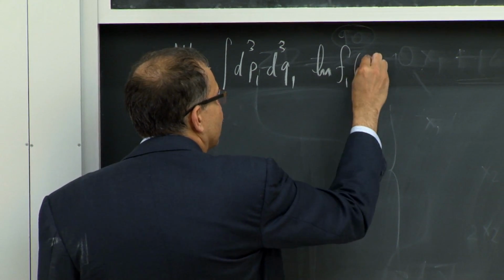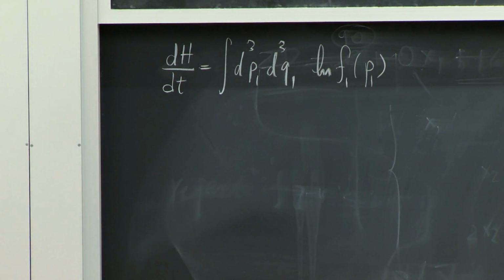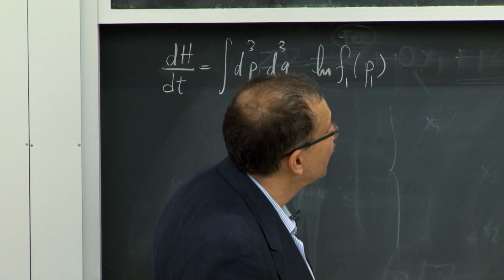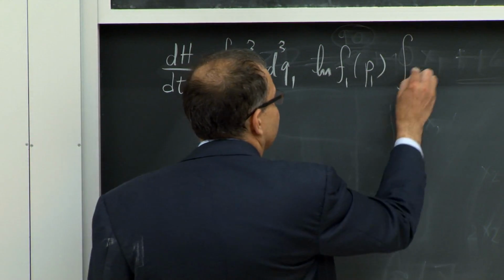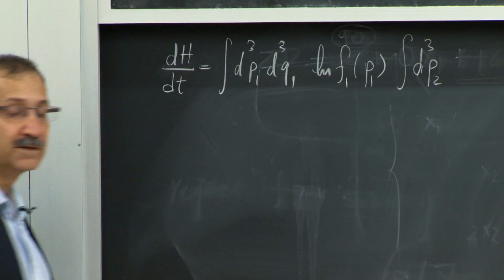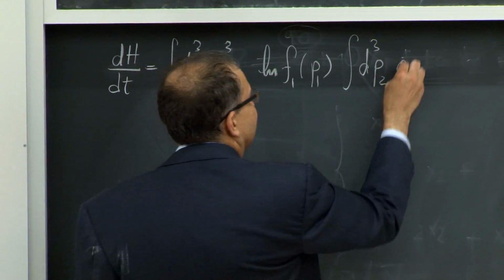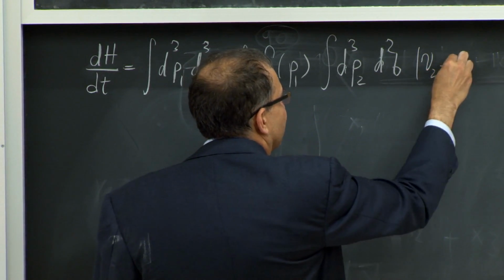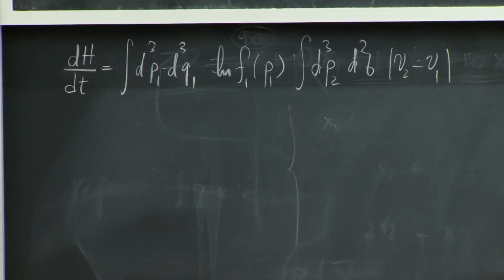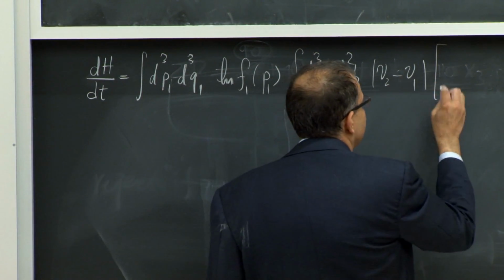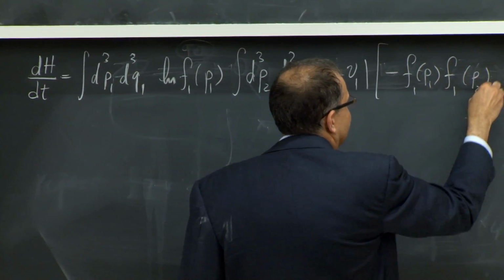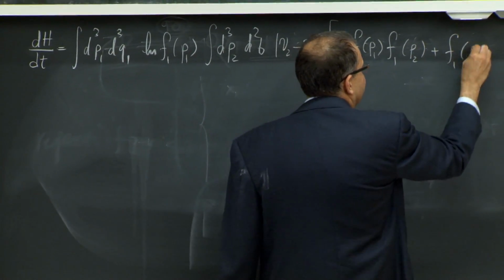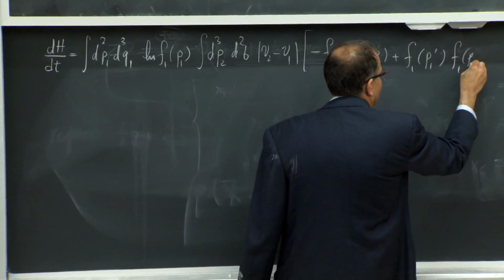I will make sure I write the argument of momentum for reasons that will become shortly apparent. And then I have to multiply with the collision term. The collision term involves integrations over a second particle, over an impact parameter, a relative velocity once I have defined what p2 and p1 are. I have a subtraction of my f evaluated at p1, f evaluated at p2, plus addition f evaluated at p1 prime, f evaluated at p2 prime.